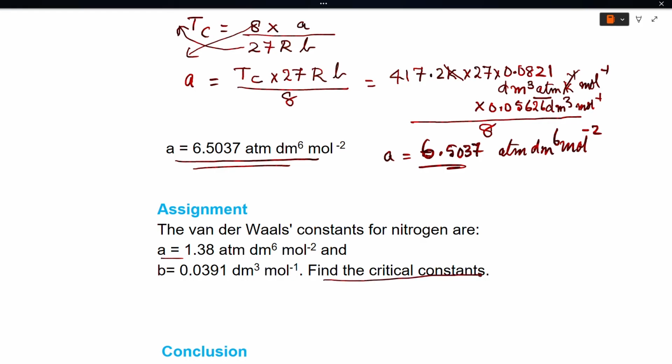Find the critical constants, that is Vc, Pc and Tc. You are supposed to find all these three, and note that I am not giving a clue, just note the units used and choose the R properly.